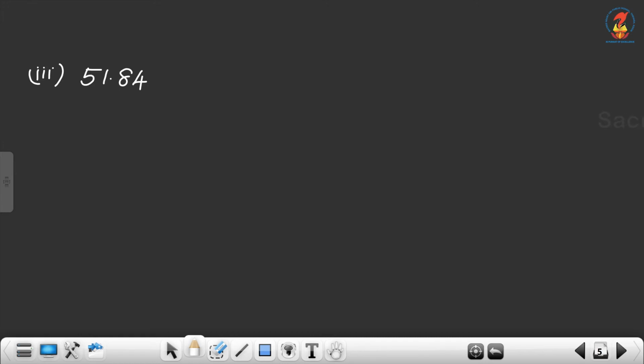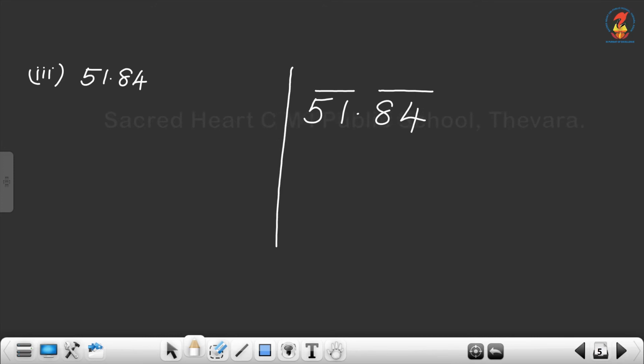Now next number 51.84. Then the whole number part, you have to put a bar over the whole number part as well as the decimal part also. Consider the number 51.